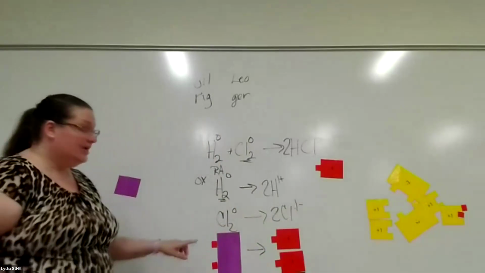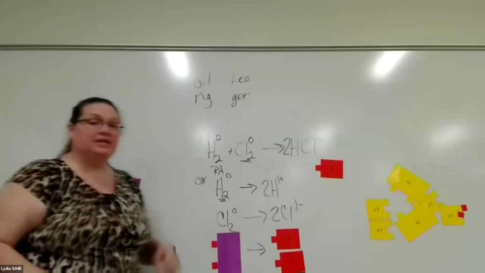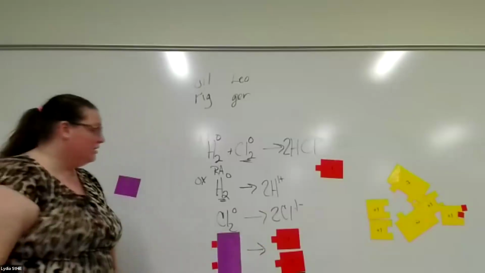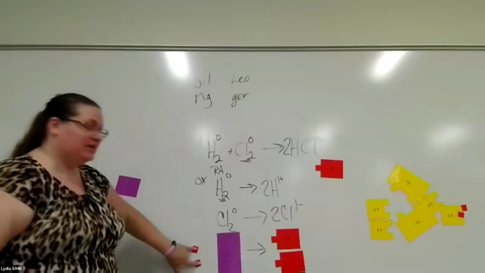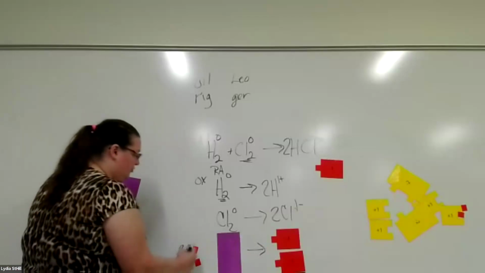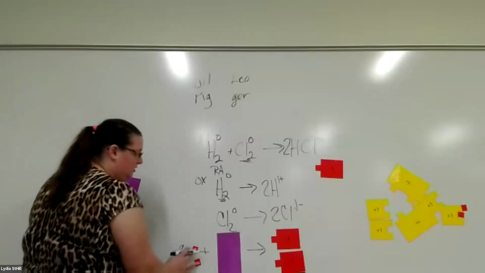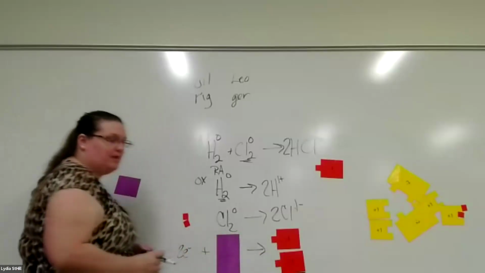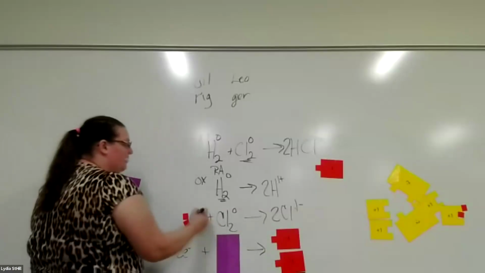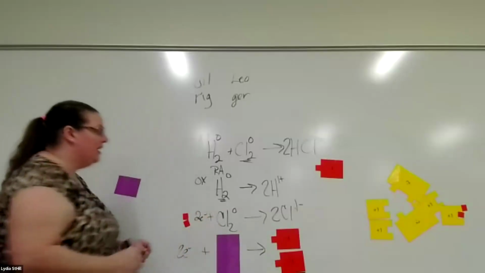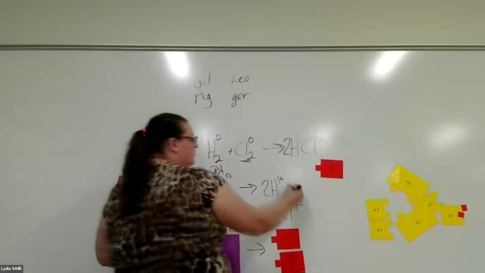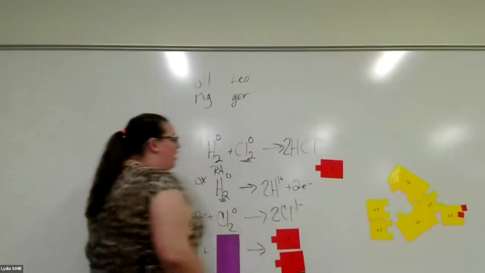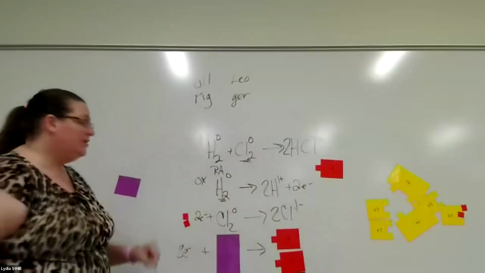When I do that, they now look the same, which means I am a balanced reaction. So which side gets the electrons? We're going to go 2 electrons plus my Cl2 gives me 2Cl with a -1. So I'm going to have to go ahead and put those 2 electrons here. Again, the electrons for an oxidation are found in the product side.